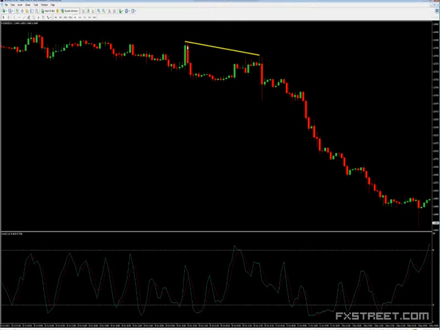Now you can see how the highs are getting lower, but if you look at the same area on your indicator, the highs were getting higher. That's an opposite. That's an indication that the price is going to reverse. So as it starts to rise here, it stops and reverses.